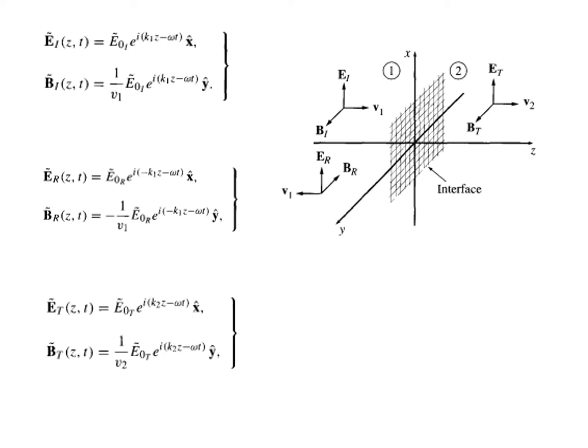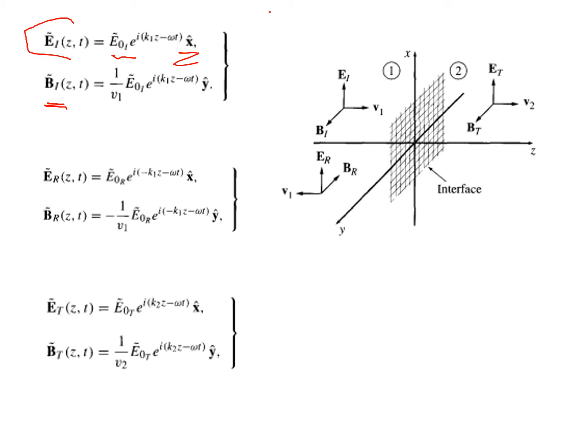Here you can see the complex amplitudes of the electric field and the magnetic field are represented. E_I(z,t) represents the electric field vector of an electromagnetic wave propagating along the z-axis. E_I is equal to E_0I e to the power i(k1 z minus omega t) x-hat. X-hat shows the electric field is vibrating along the x-axis because the propagation is along the z-axis. So they are perpendicular.